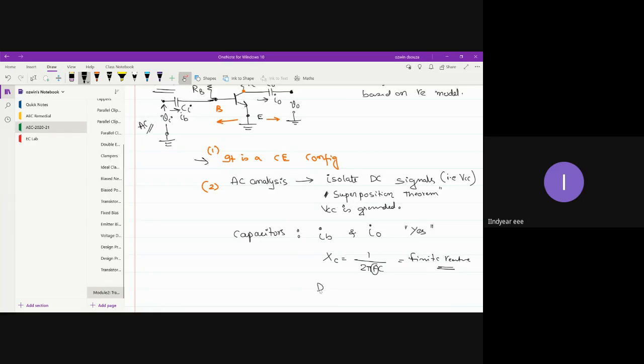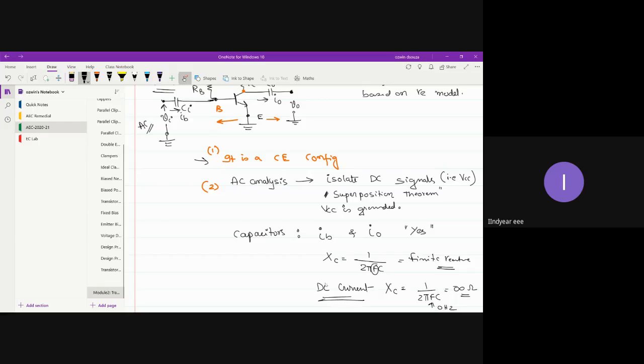On the other hand, the DC or biasing current can never get into the AC source, because for DC the reactance offered is infinite. For pure DC the frequency is 0 hertz, and when frequency is 0, reactance becomes infinity.